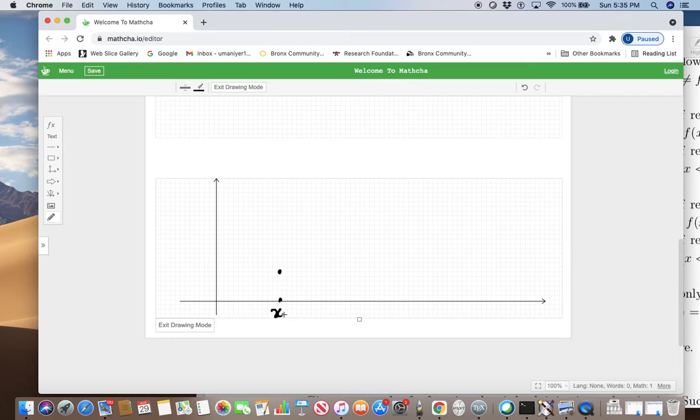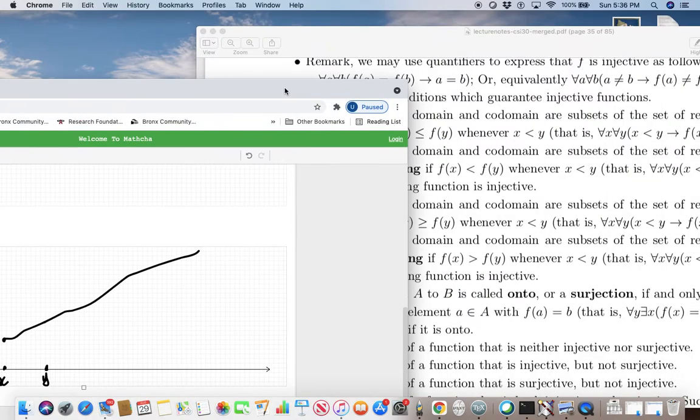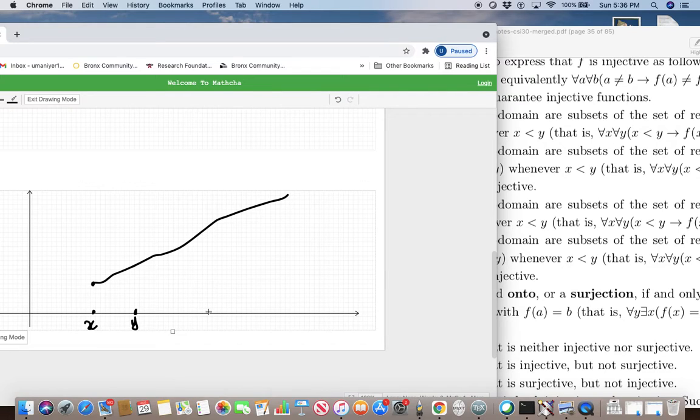This is x. Anybody to the right of x, let me call him y. If I'm to the right of x, my height should be higher. In other words, I will be always increasing. This is an example of a strictly increasing function.